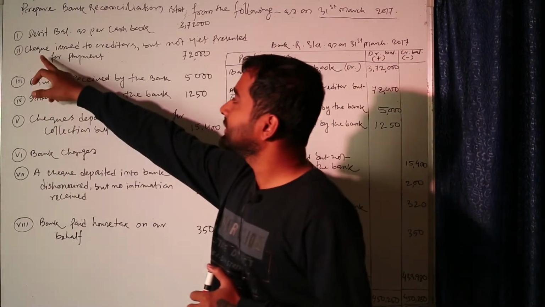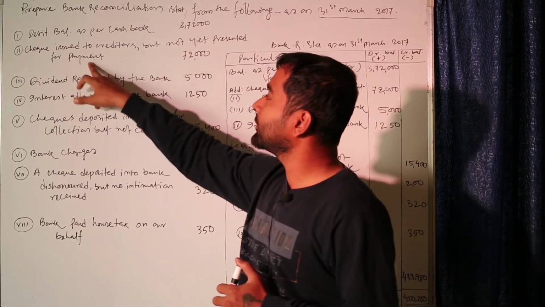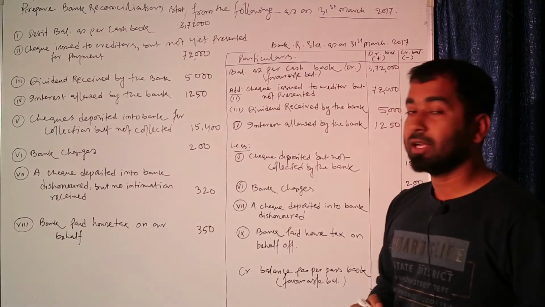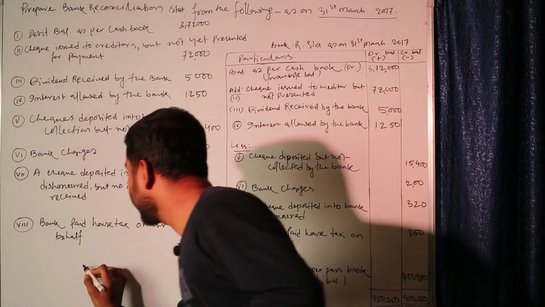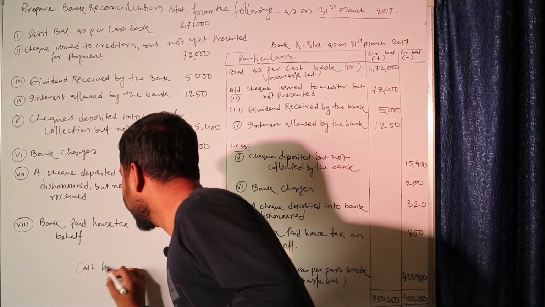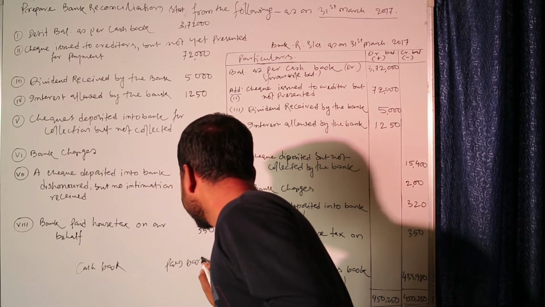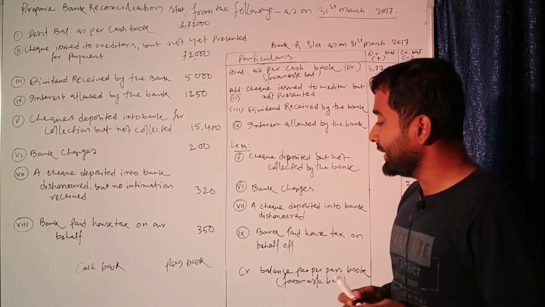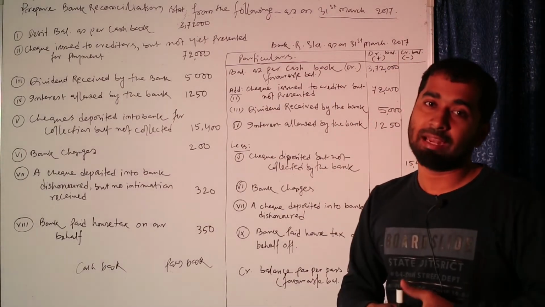Now the next one is check issued to creditor but not yet presented for payment. Think about it: we are making a tally between the cash book and the passbook. All the information given here is as per this, which I am supposed to tally.